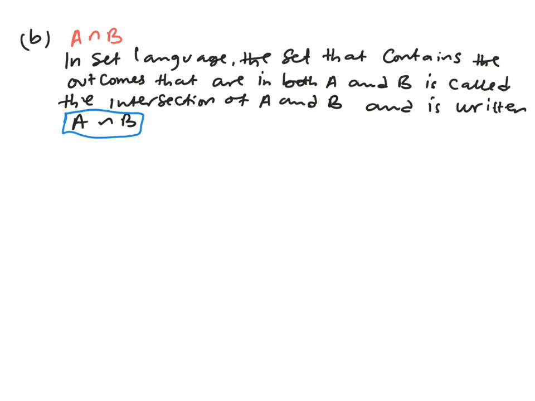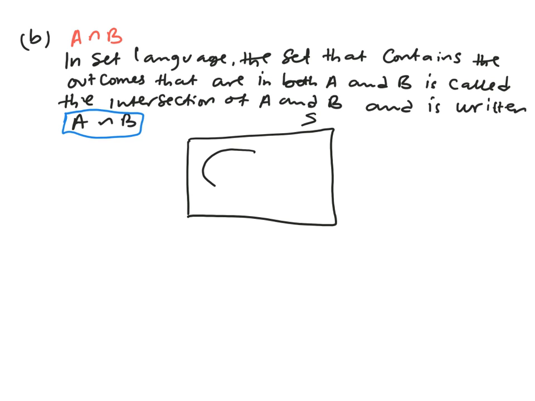So let's have our sample space S. We have picked two events from the same experiment, event A and event B. If these events share something in common, it is going to be written here in the shaded part.